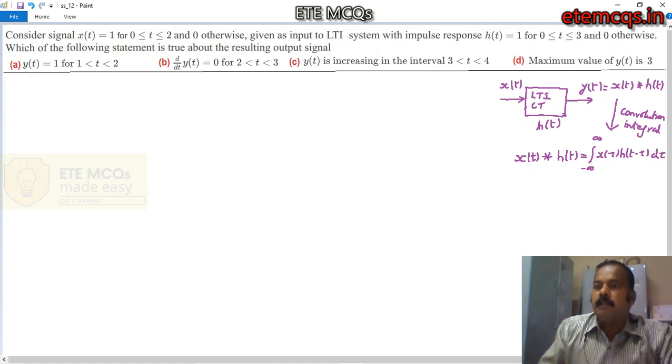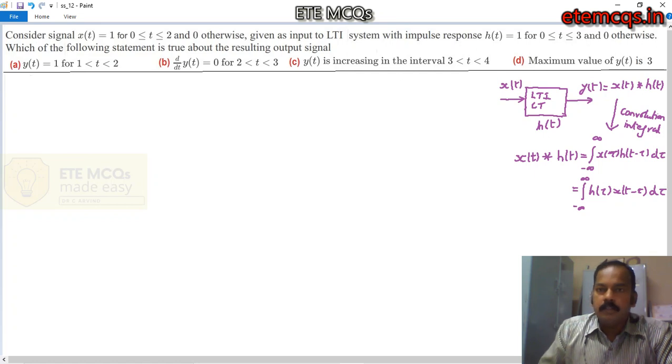This is the convolution integral formula that should be used in order to find the convolution between x of t and h of t. Since convolution is commutative, x of tau and h of t minus tau can be interchanged, and these two expressions are equally valid.